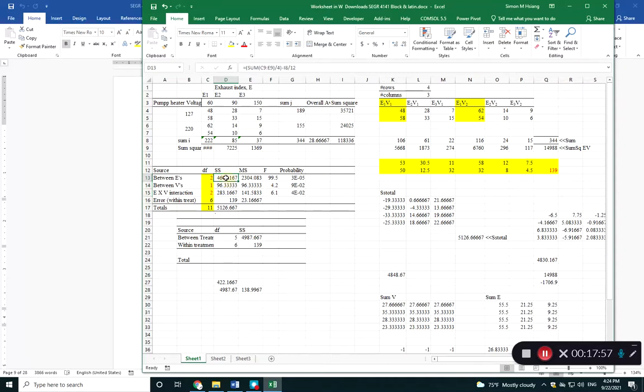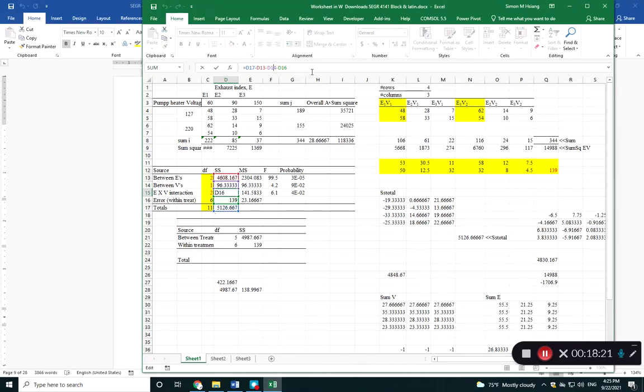But remember, right now I already used this much for E. Use this much for V. So whatever the leftover, you can consider as what?